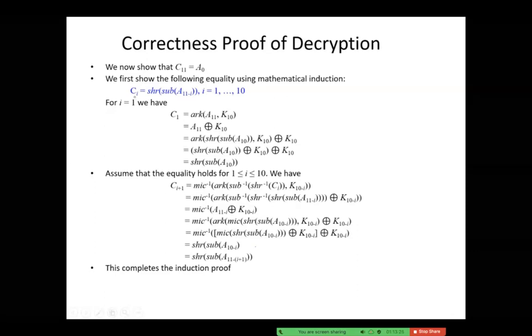So what we want to show here is that for any I from 1 to 10, we want to have C_I equal to shift rows, substitute bytes, and then A sub 11 minus I. Once we have this, then we can show that C11 is indeed A0.